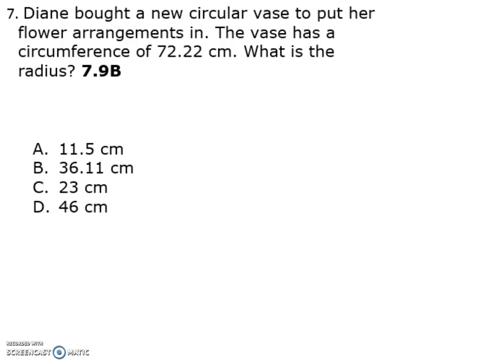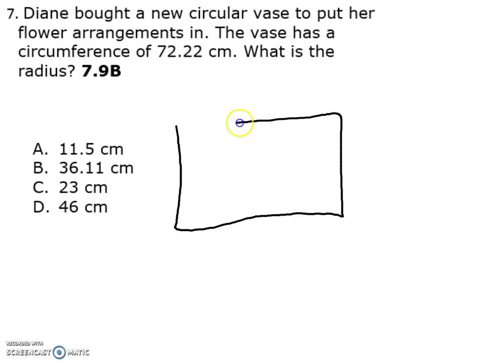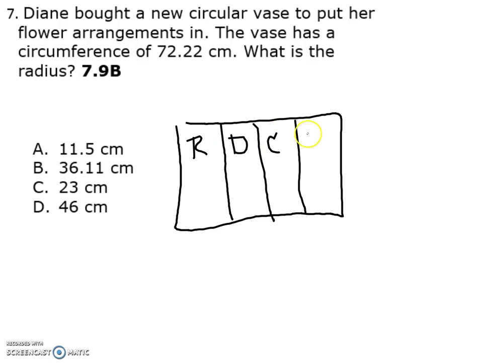Diane bought a new circular vase to put her flower arrangements in. The vase has a circumference of 72 and 22/100. What is the radius? So we can do an RDCA table. And in this, we know the circumference, 72 and 22/100. Well, we can divide by 3.